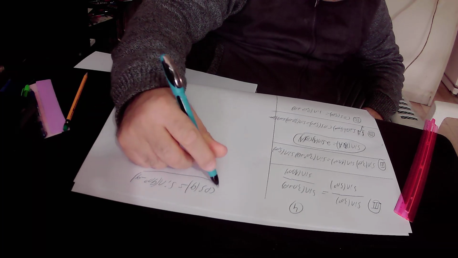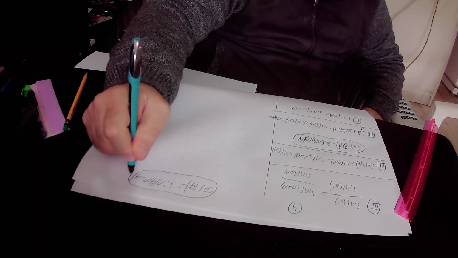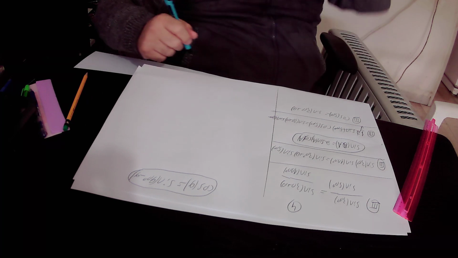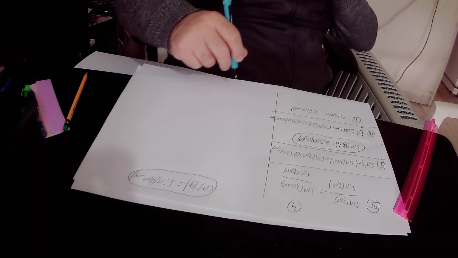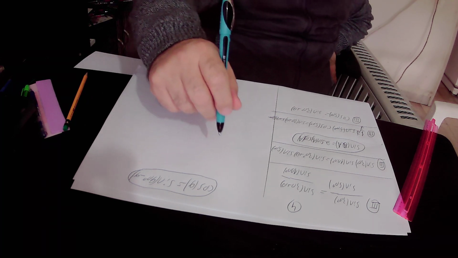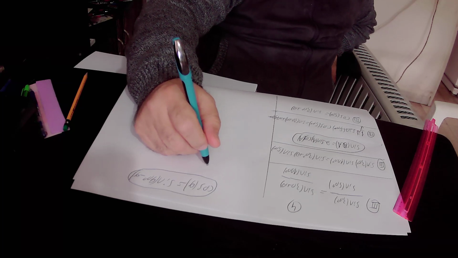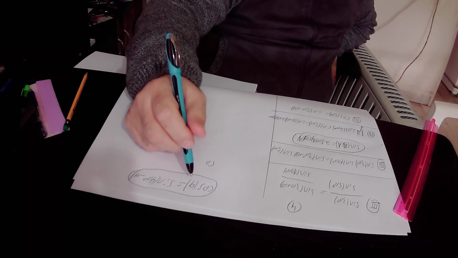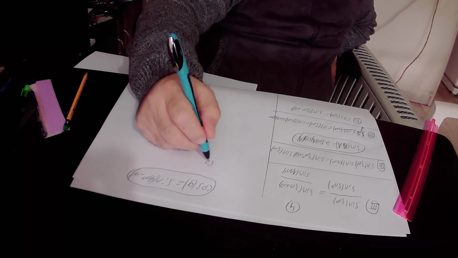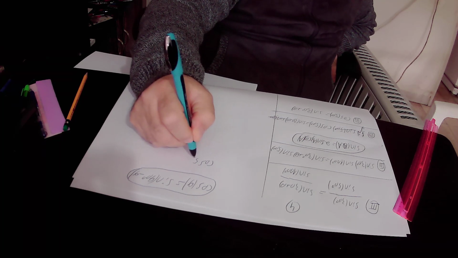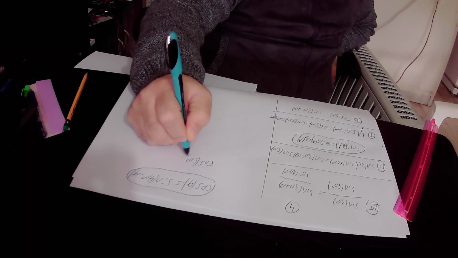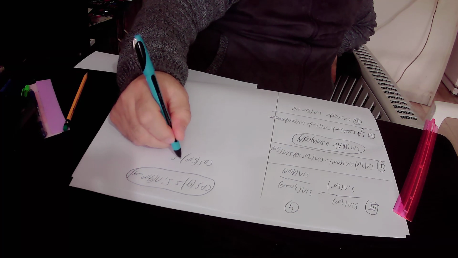So here we will use this trigonometric identity in order to find the value of cosine 50 degrees in terms of sine.